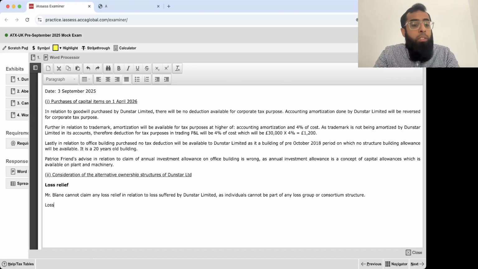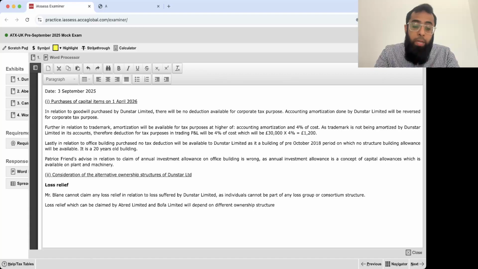Okay. Now, loss relief, which can be claimed by Abrid Limited and BOFA Limited, will depend on different ownership structures, which may lead to formation of a 75% group or consortium, because we are talking about trading loss relief.